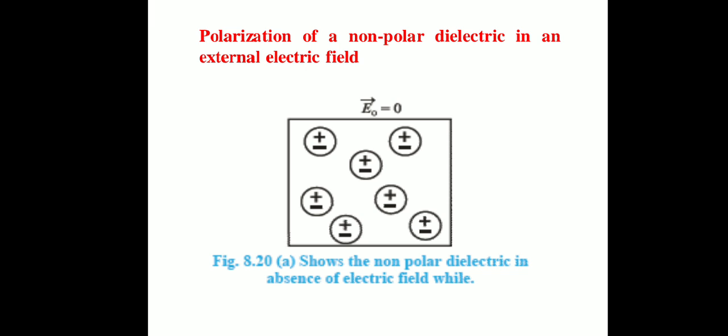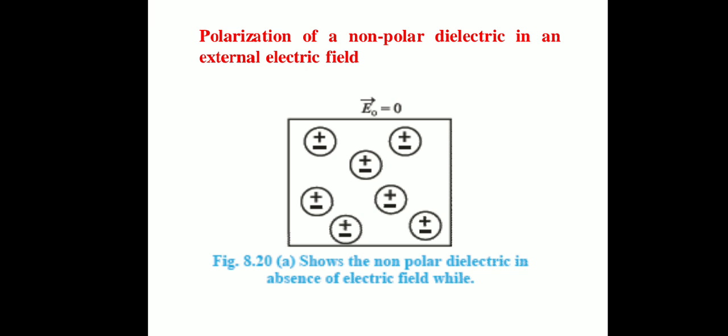Now, as the non-polar dielectric substance is placed in the absence of electric field, the center of gravity of positive charge remains coincident with the center of gravity of negative charge.